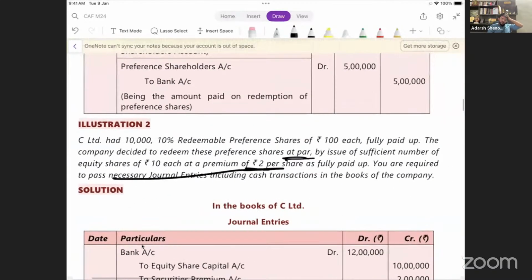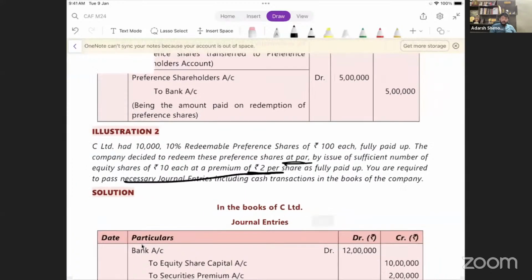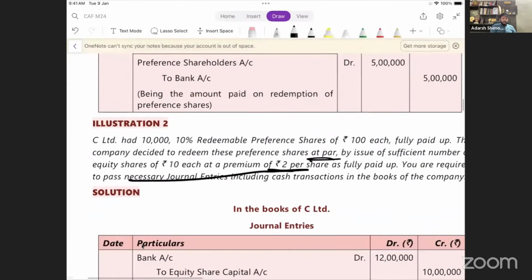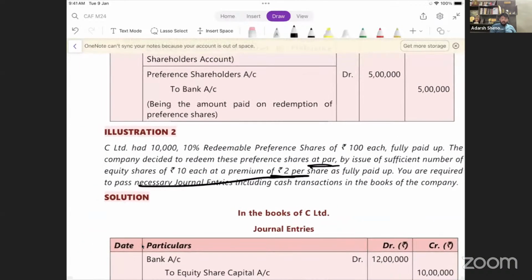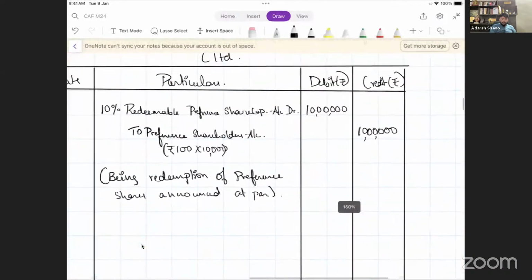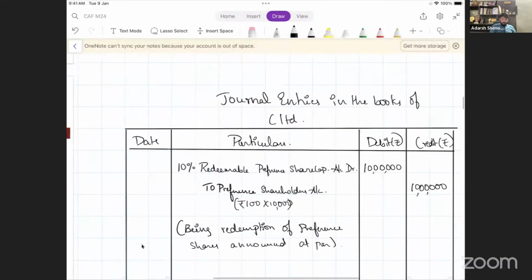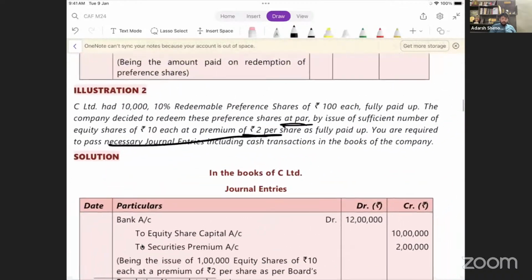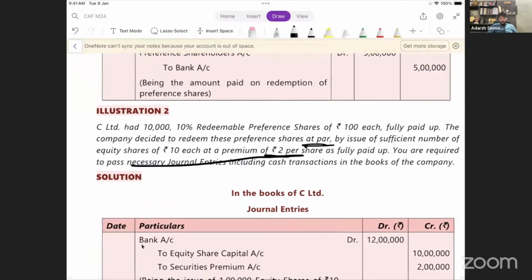Okay. Section 55 conditions. How are they satisfying? By issue of sufficient number of equity shares of 10 each at a premium of 2 per share as fully paid up. So how many shares should they issue? They have to replace the capital of 10 lakh rupees with capital of 10 lakh rupees. So how many shares should they issue? I'll wait for the answer.